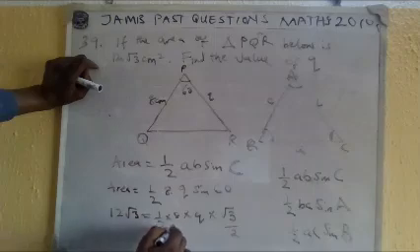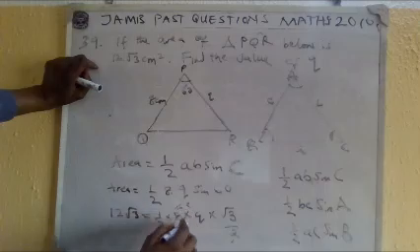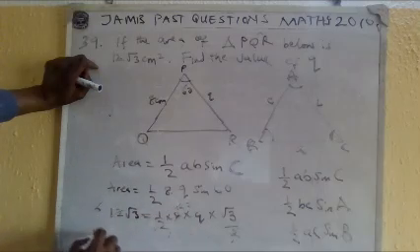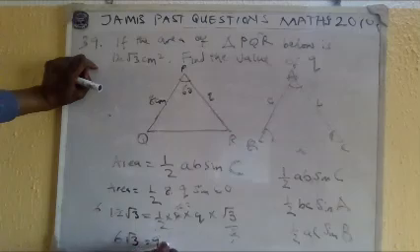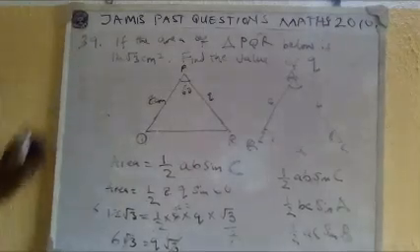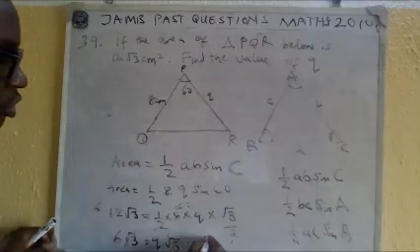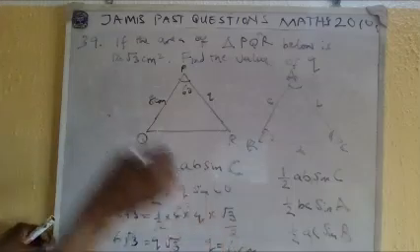The 2 cancels: half of 8 is 4, and 4 times 1/2 gives 2 here, then 12 divided by 2 is 6. So I have 6√3 equals q√3. This one will cancel. So q is 6 cm. Answer.